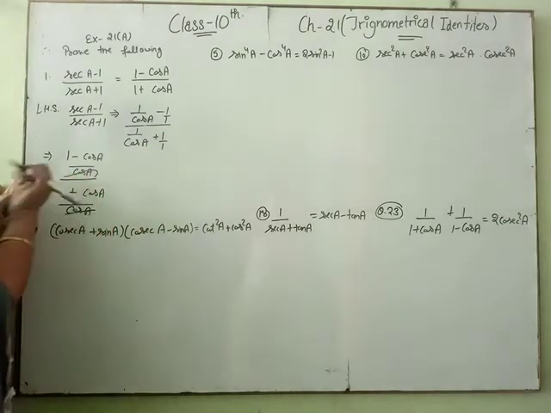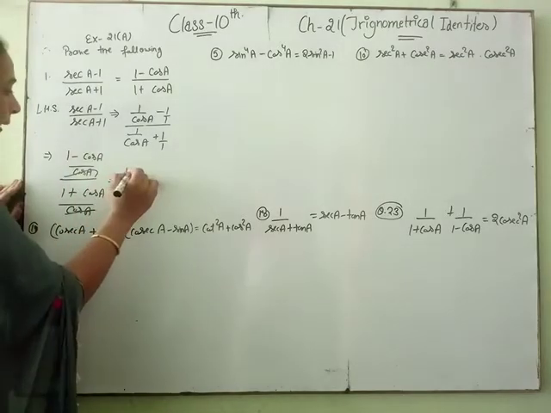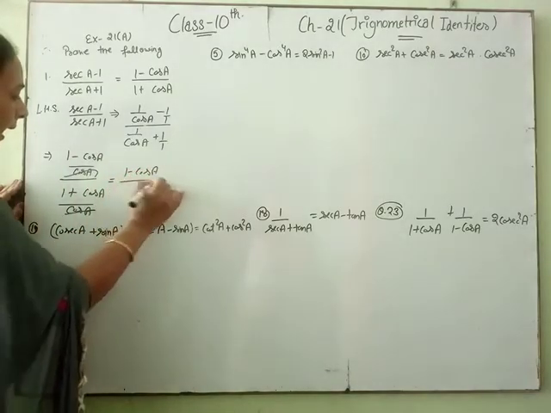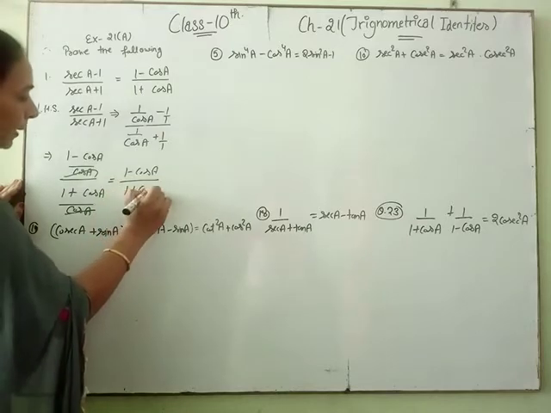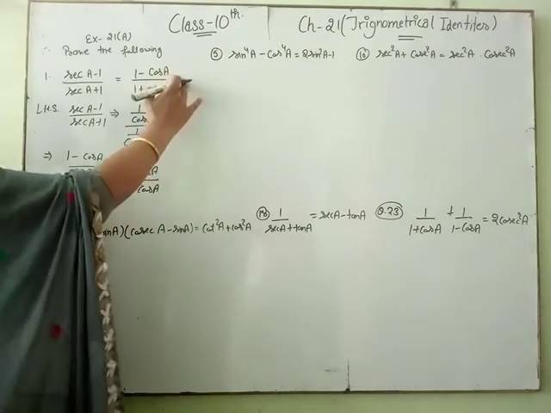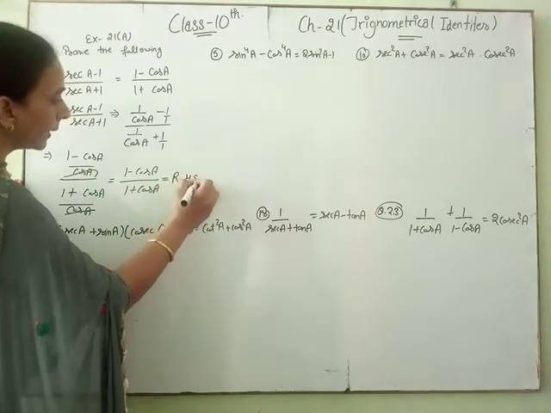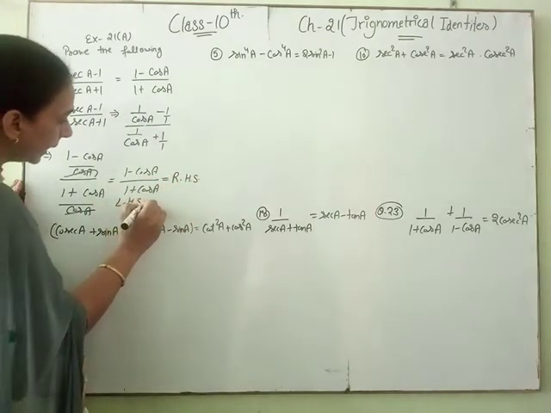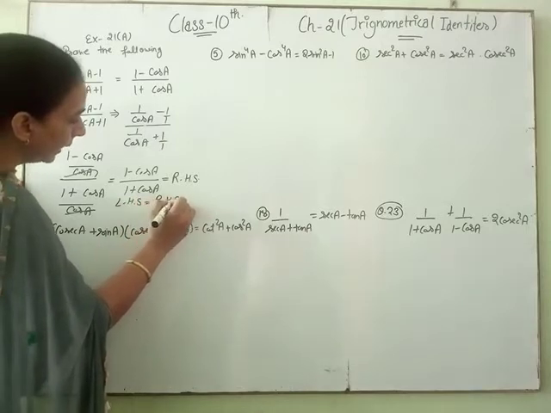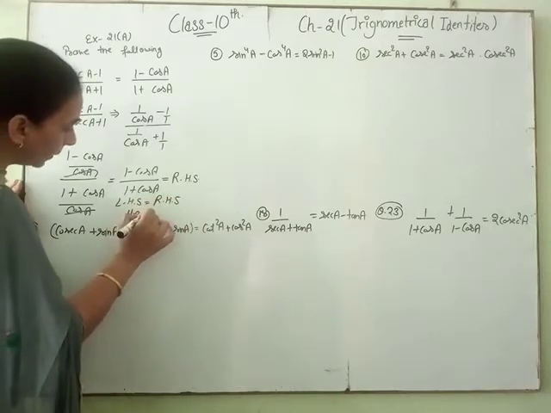Cos a cancels, then in the numerator 1 minus cos a, and in the denominator 1 plus cos a, and this is equal to the right hand side. You write this right hand side. Left hand side equals right hand side.